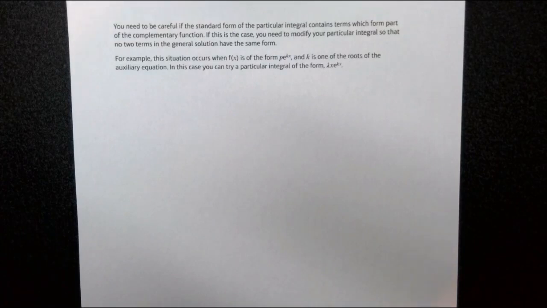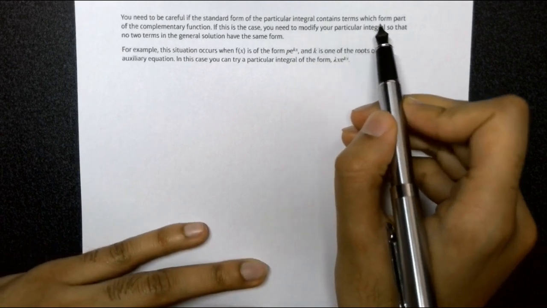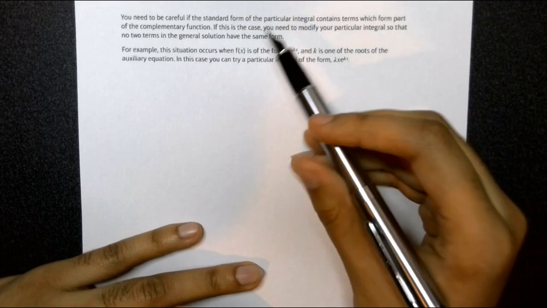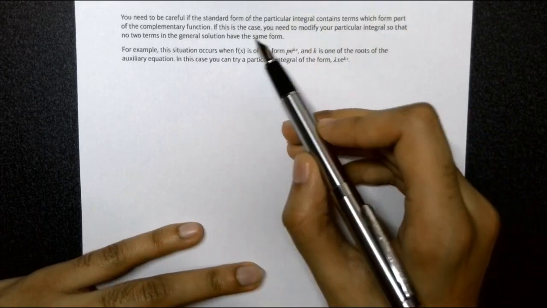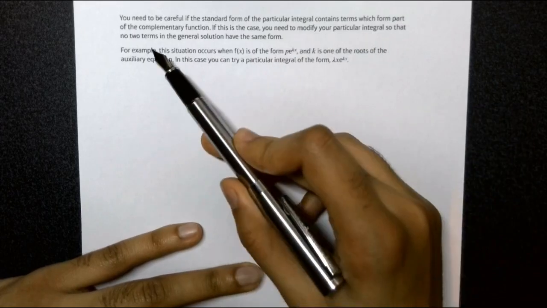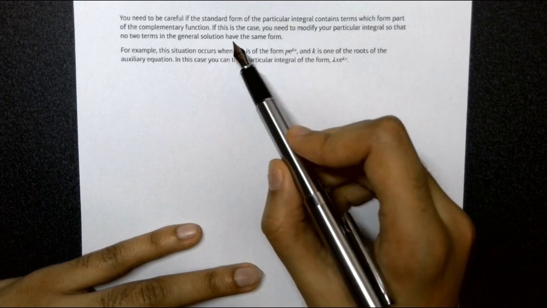You need to be careful if the standard form of the particular integral contains terms which form part of the complementary function. If this is the case, you need to modify your particular integral so that no two terms in the general solution have the same form.